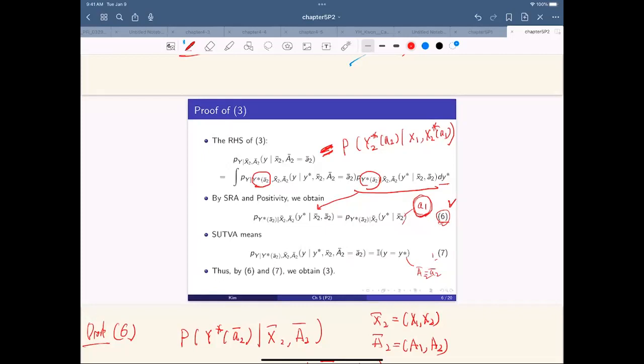I see. So we want to reduce this one to this, so you start with this and show that this is. Basically, what we showed is this at A2 is equal to this given X bar 2 and A1.